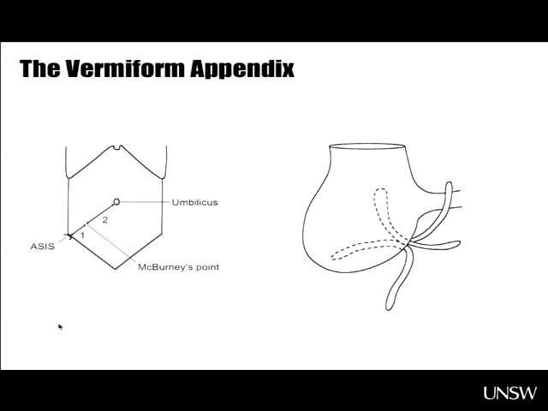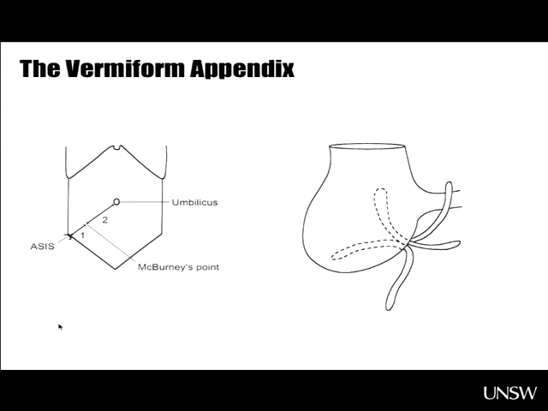So the rest of the appendix can hang down, it can go up, it can go behind the cecum, whatever it likes, and that all has clinical consequences, because if you get inflammation in the appendix, the signs that the patient will report depend significantly on where the appendix is sitting.